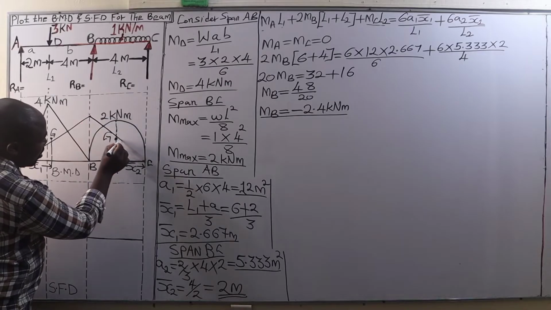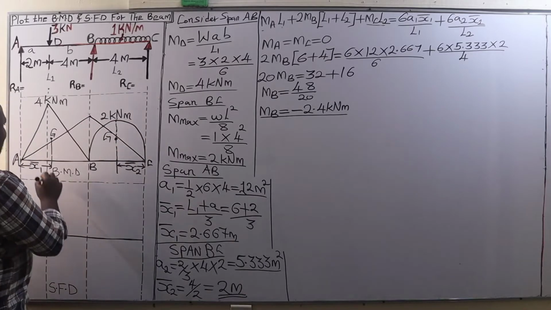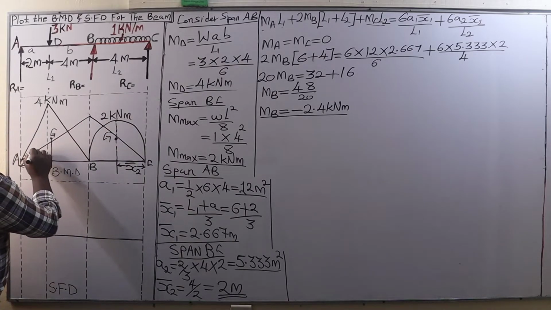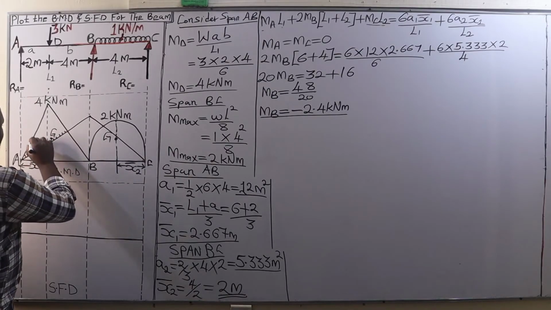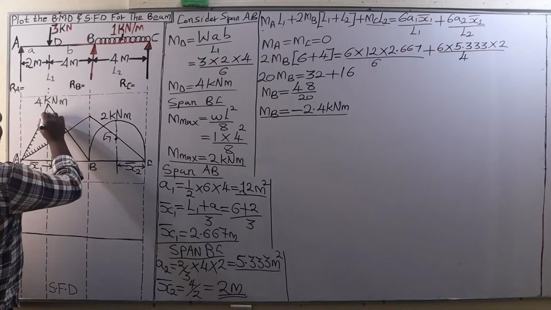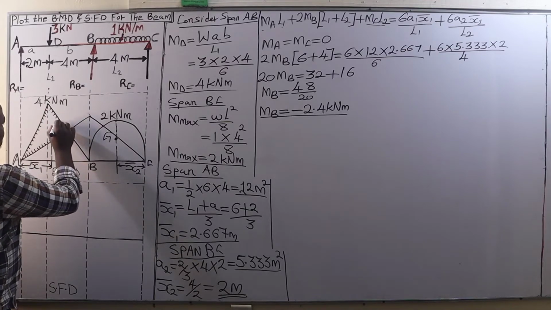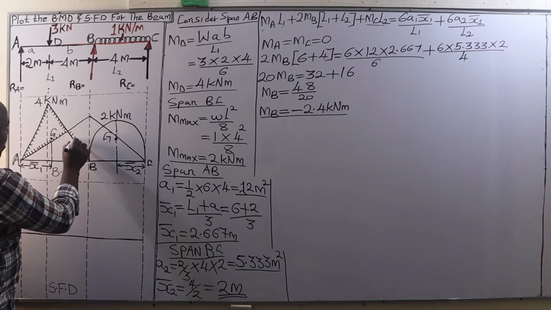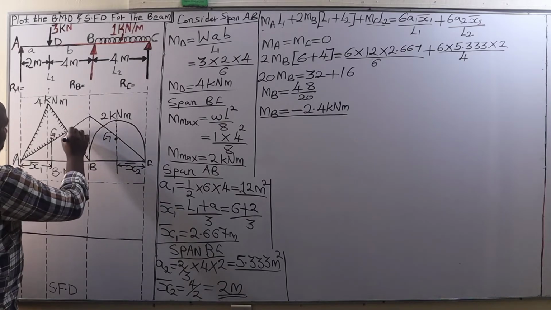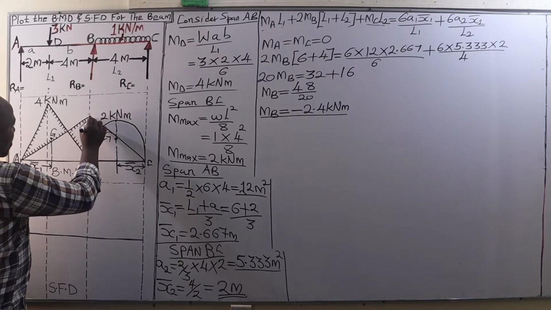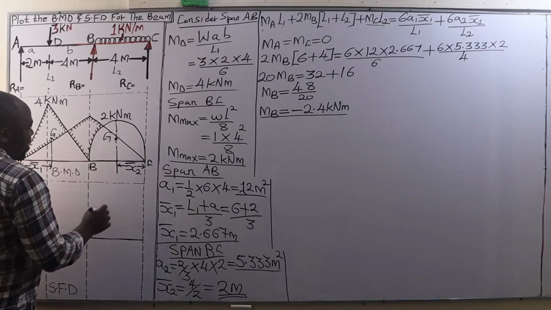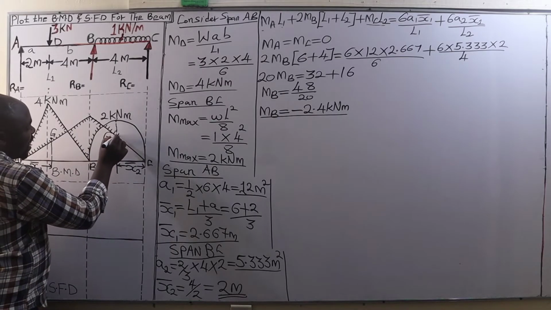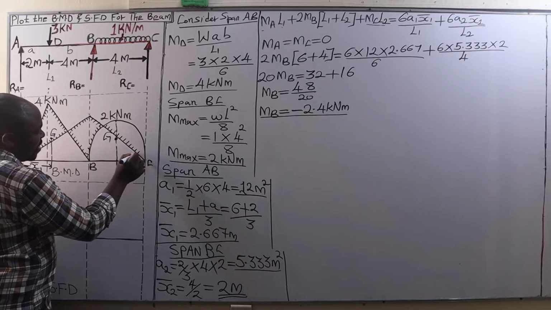Then we join it at the end C. Then from there, we can shade it like this. We can shade the sections that will be denoted by the positive as well as the negative signs, so that they can remain very clear.